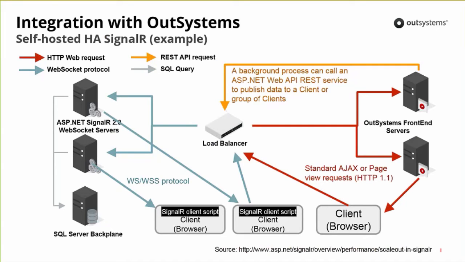The existing load balancer can still be used to distribute the WebSocket requests to the specific SignalR server by using either sticky sessions, or, if that's not possible, then a backplane server must be used, like the one we have here that is using SQL Server.